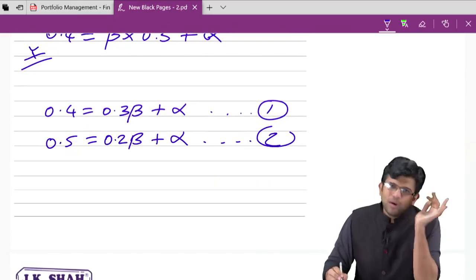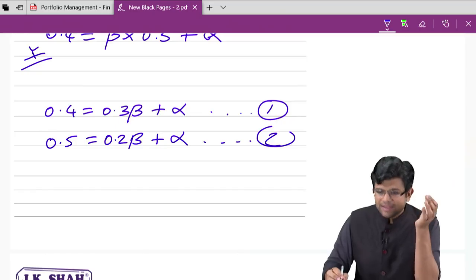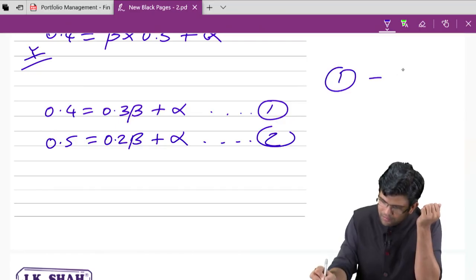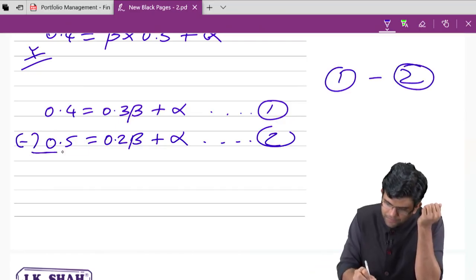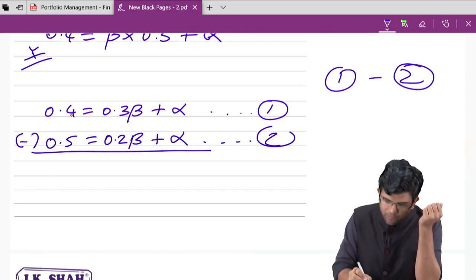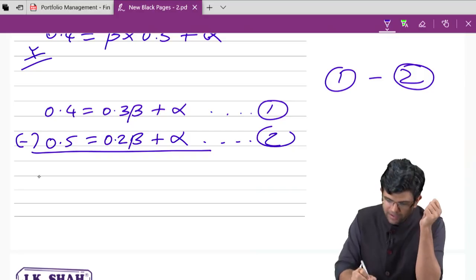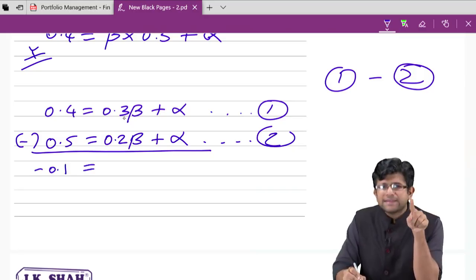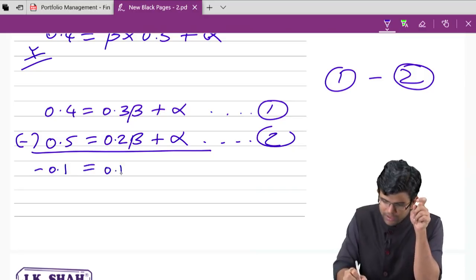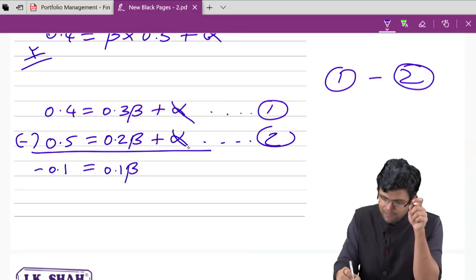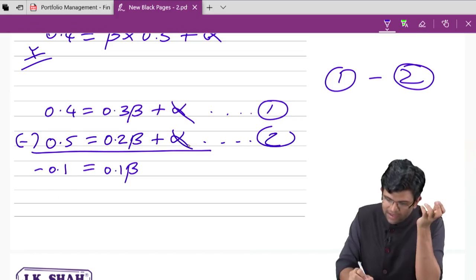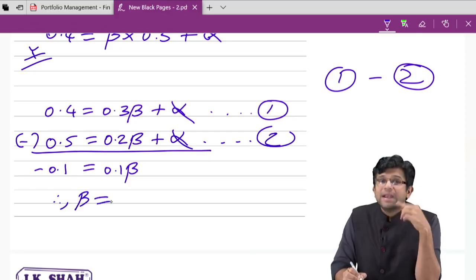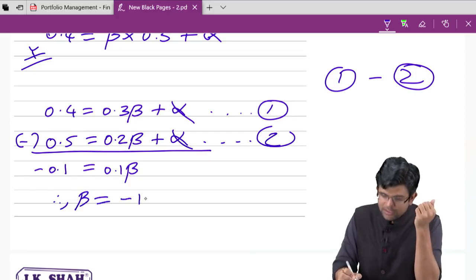Straight away we can do 1 minus 2, the alpha will get cancelled, and we can find the beta. So if I now do 1 minus 2, see what happens. 0.4 minus 0.5 gives minus 0.1, which is equal to 0.3 minus 0.2, which gives 0.1 beta, and alpha gets cancelled. Therefore my beta will be minus 0.1 divided by 0.1, which is minus 1.